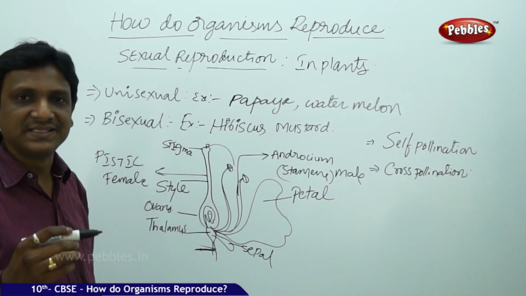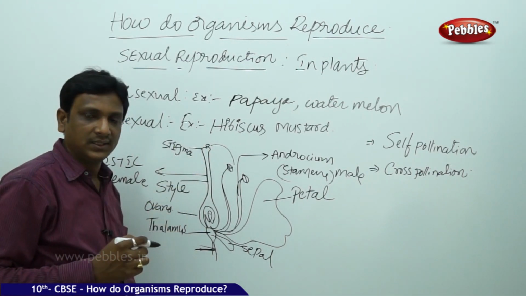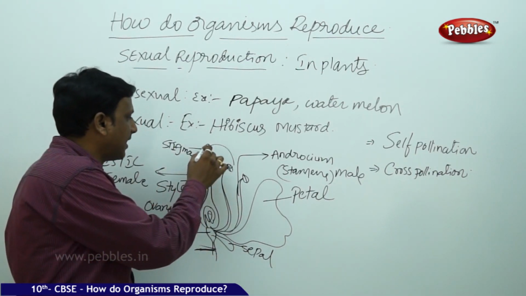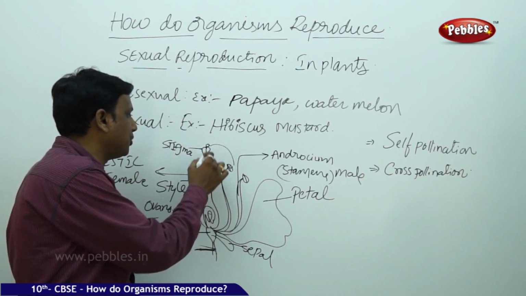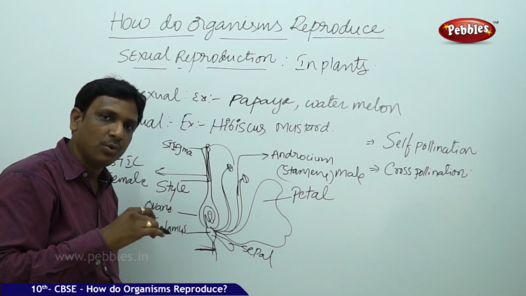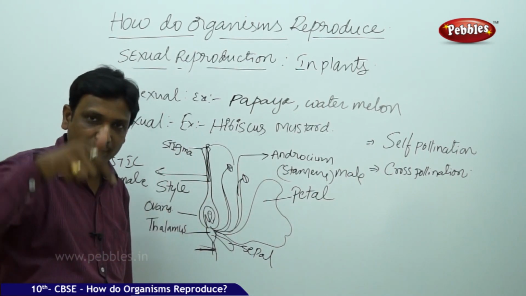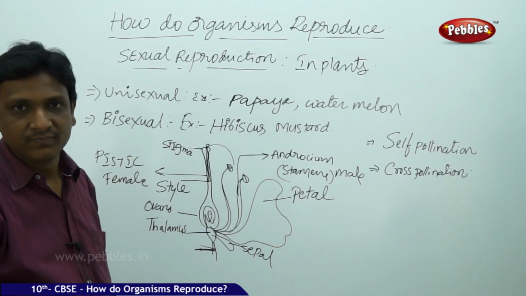Stigma has some sticky substance which enables the pollen to stick. Once the pollen sticks to the stigma, it produces a tube called the pollen tube. How long? So long. This pollen tube grows and grows and extends into the ovary.